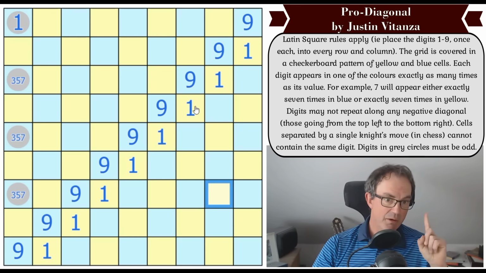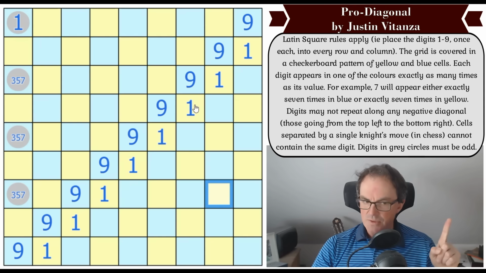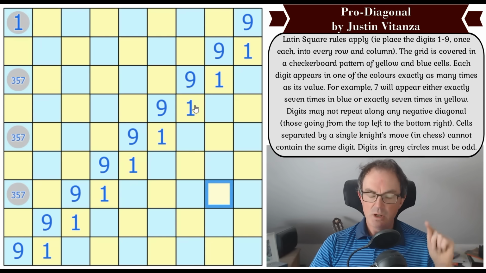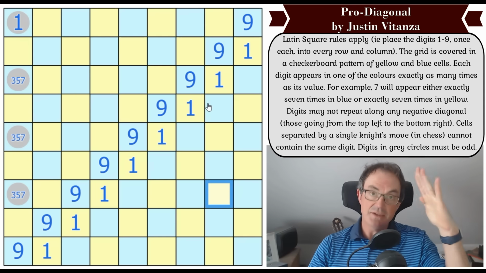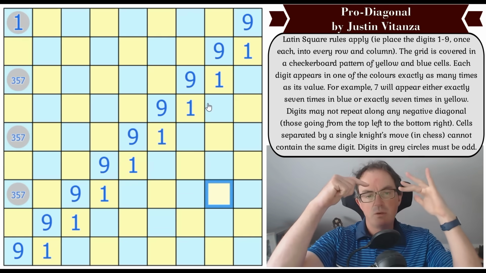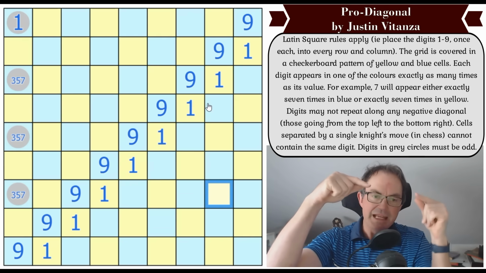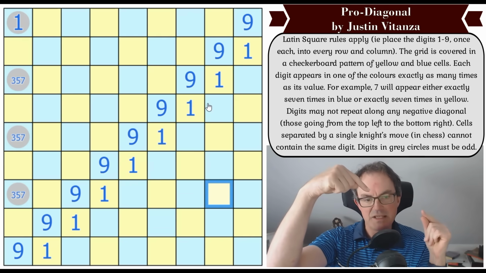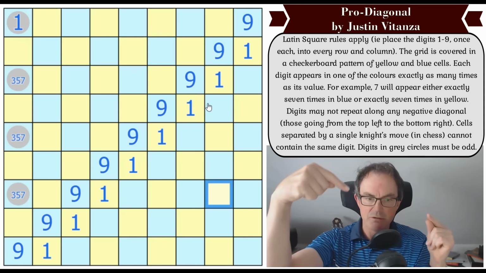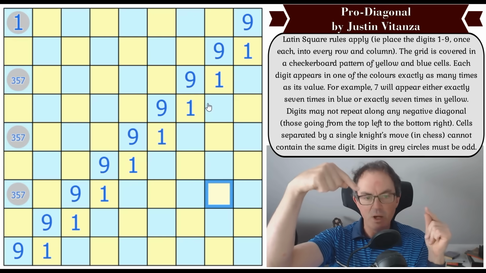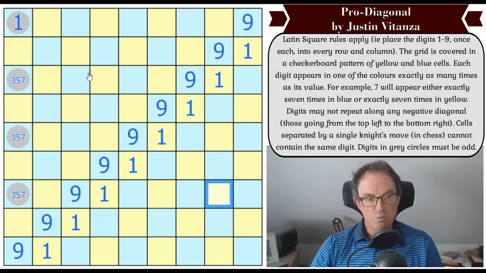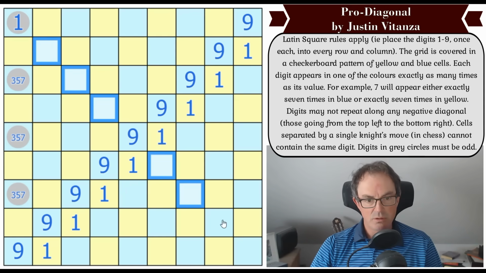Right, so let's think about 8s. Not 2s, because 8s I think are subject to the same restriction as 1s, in the sense that we know that there are 8 8s in yellow, because 8 is an even number, so it's correctly counted in yellow. So there is exactly 1 8 in blue, which we know is on this diagonal.